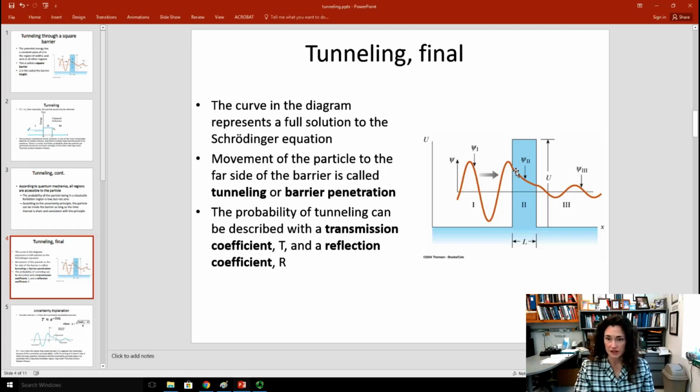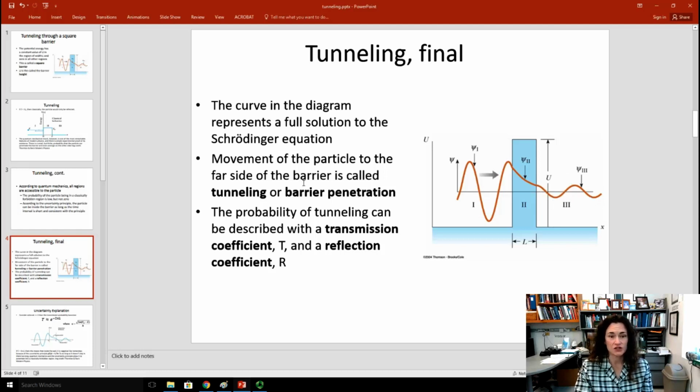Then it encounters the barrier, and that probability will decay exponentially while it's within the barrier. But of course, this exponential never quite reaches 0, and so it emerges on the other side. The amplitude of the particle wave is decreased, but it's non-zero, which means that there is a non-zero probability that the particle can be on that side.